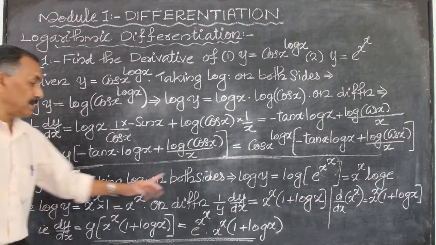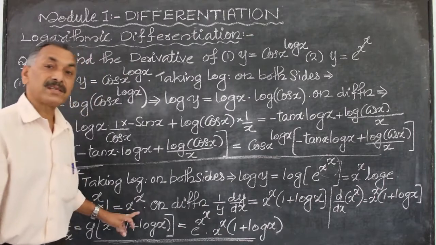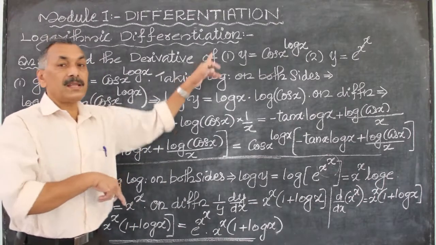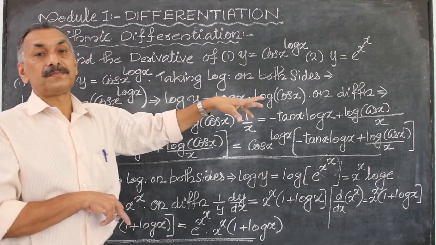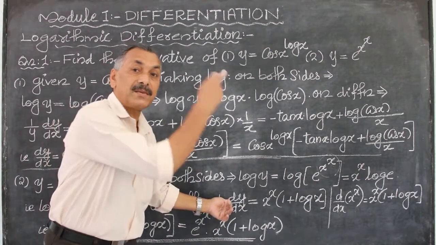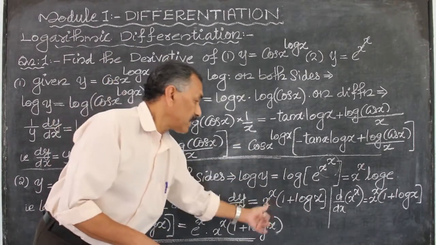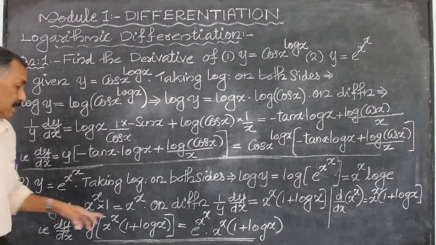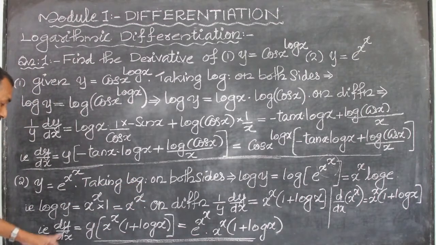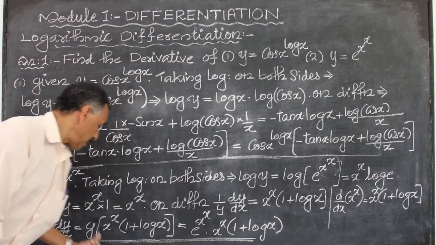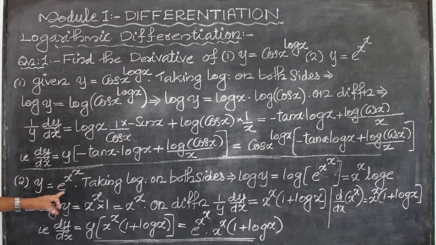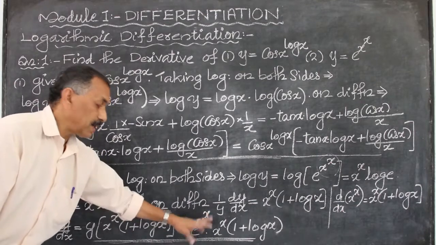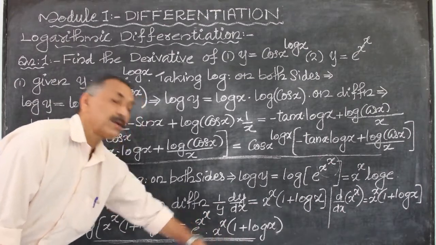Differentiate: 1 by y into dy by dx is equal to derivative of x raised to x, which is x raised to x into 1 plus log x. Then what is dy by dx? dy by dx is equal to y into x raised to x into 1 plus log x. What is y? y is equal to e raised to x raised to x. Then dy by dx is e raised to x raised to x into x raised to x into 1 plus log x.